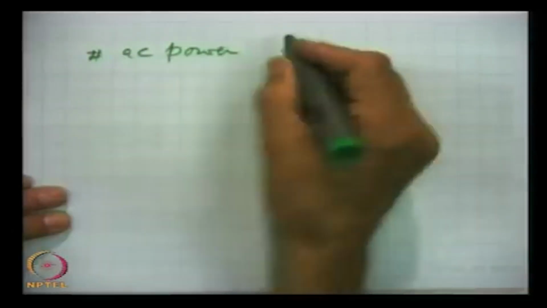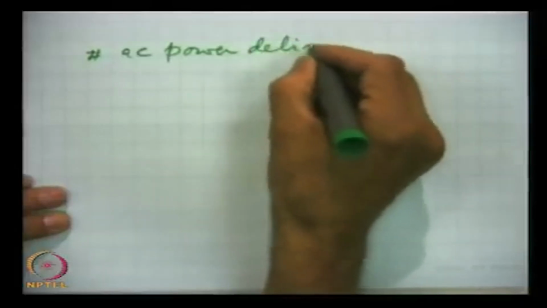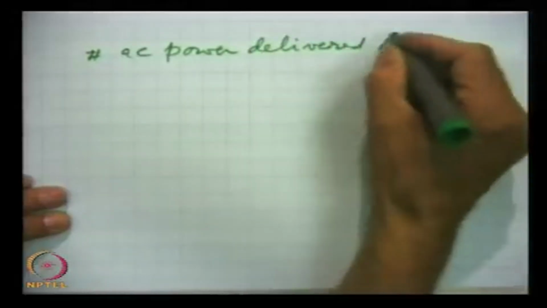When we talk of high power, we are always concerned with AC power because that is the useful power. So, the consideration is how much power the power amplifier can deliver to the load, that is the AC power delivered to the load.